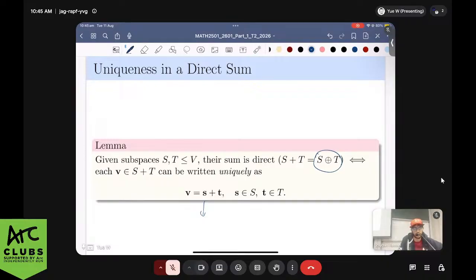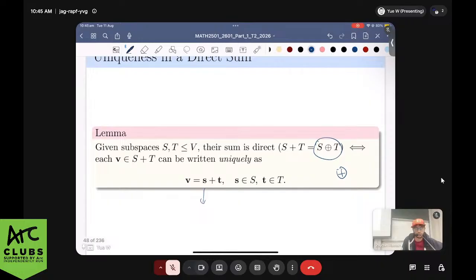You can't find any other s for v which works, and similarly for t. If it has this unique property, we just write it with the circled plus symbol instead of plus. But it's still the same space. It's just an indication telling you, wait a minute, this is a direct sum, meaning everything's unique.